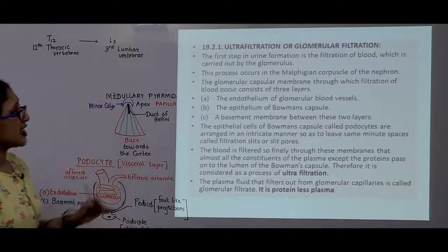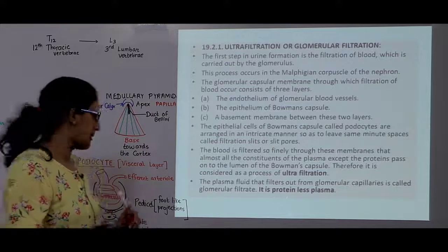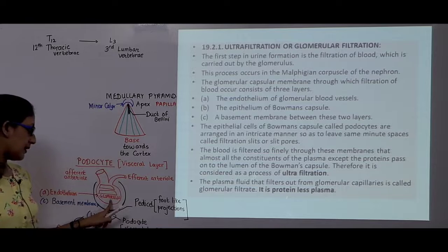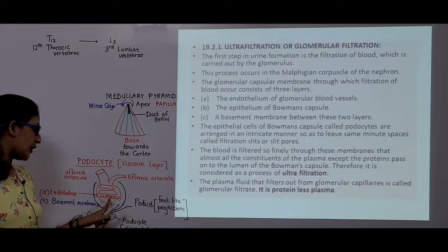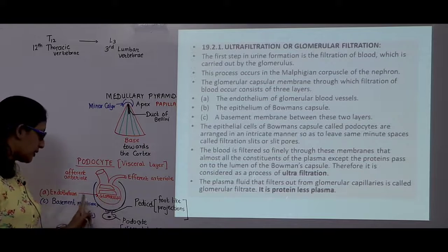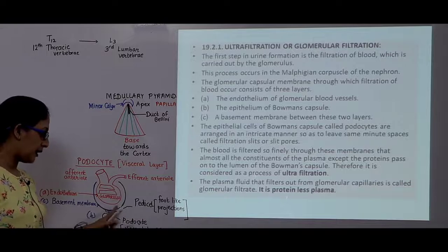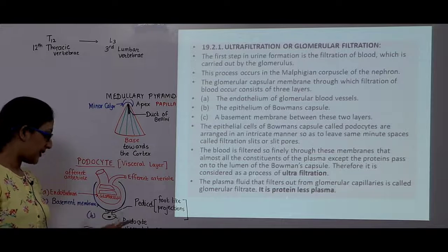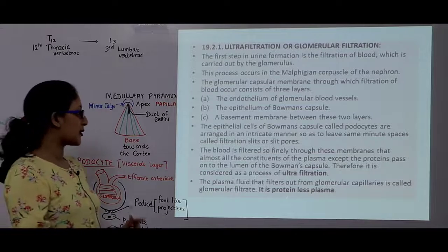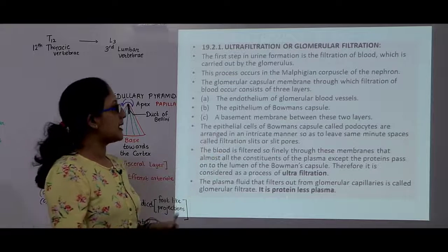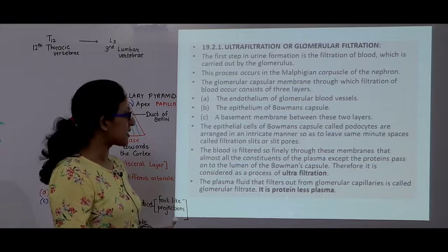So the filtration membrane has three layers. First is the inner walls of the glomerulus, which is the endothelium. Second, the blue layer, which is the basement membrane, and third are the podocytes, the visceral layer of the Bowman's capsule. So the epithelial cells of the Bowman's capsule are called podocytes.